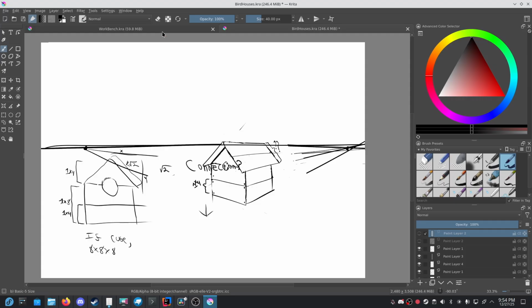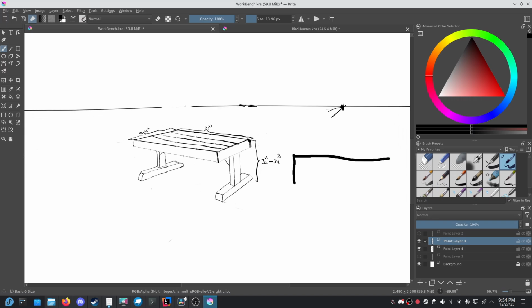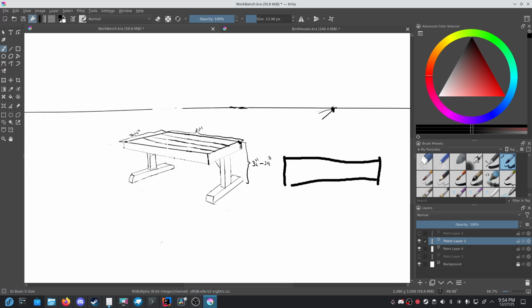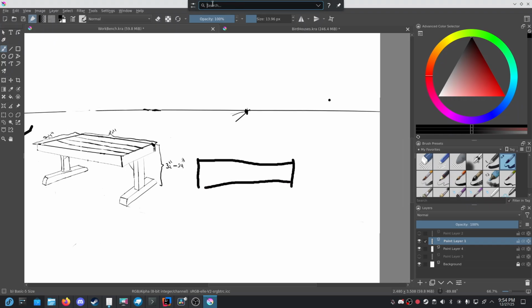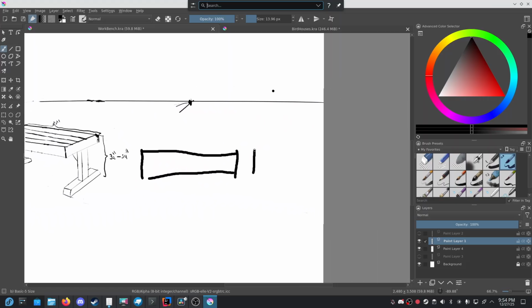I had a crate in the backyard, and I'm just going to quickly draw a basic crate. I'm just going to draw a rectangle. That was like half, if even, the height of this workbench. So instead of bending over within this angular range right here, I was always bending over like this.